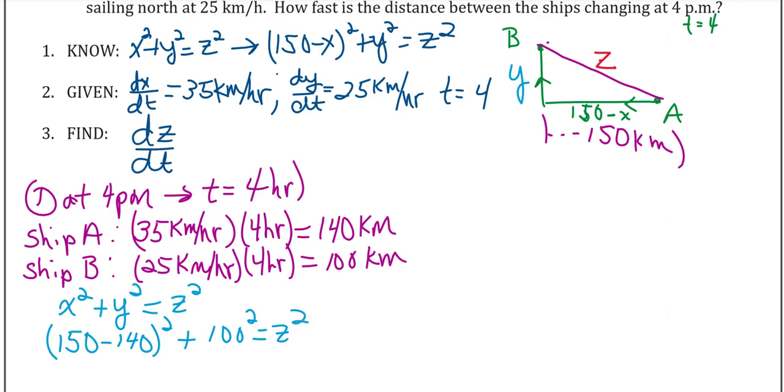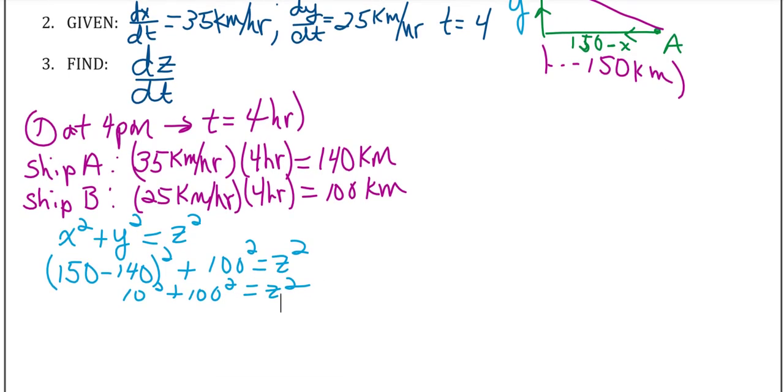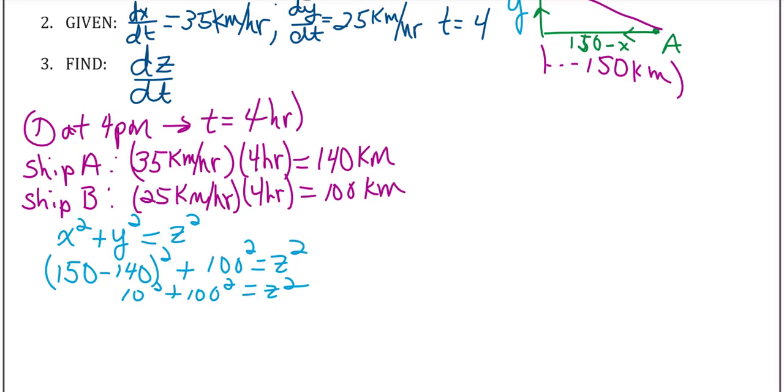So I have 10 squared plus 100 squared equals z squared. Simplifying this, z is going to be the square root of 10,100. So z becomes 10 times the square root of 101. All right, so I have all the information I need to get started on this.